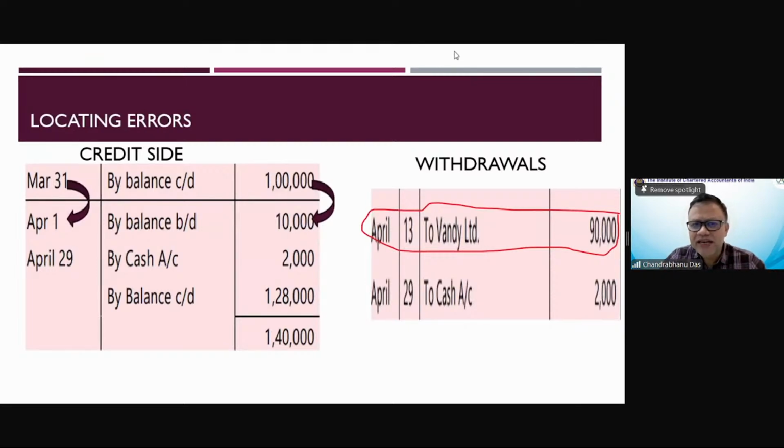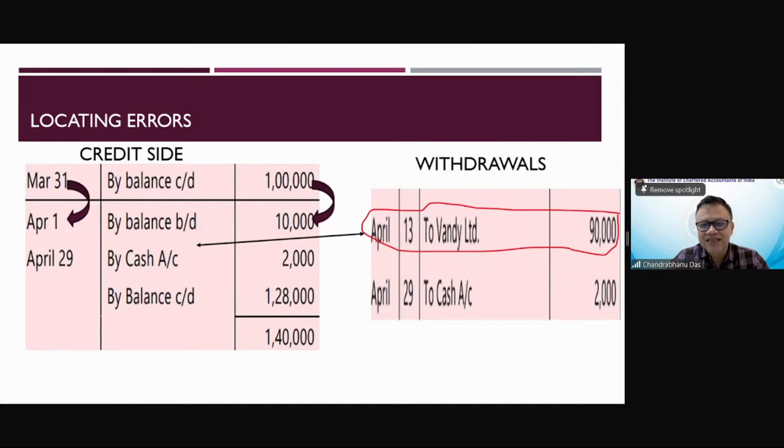But should it be there in the cash book? Is it really supposed to be there in the cash book? First of all, we look at one error: this is March 31st, April 1. Second one, how can this April 13 be an error? Is it really an error? But what we see is that within April 1 to April 29, no entry is there.